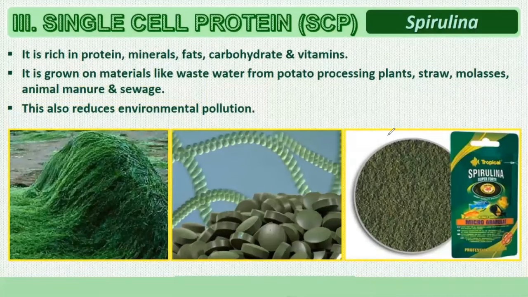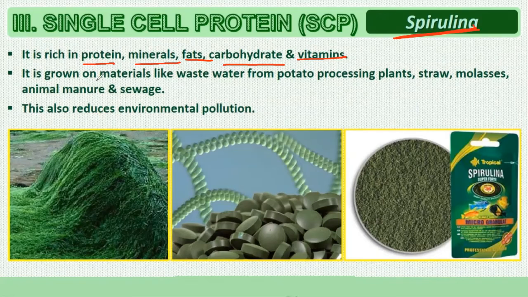Single cell protein is rich in protein, minerals, fats, carbohydrates and vitamins. Spirulina is an example which is much used as a single cell protein, SCP. Why?